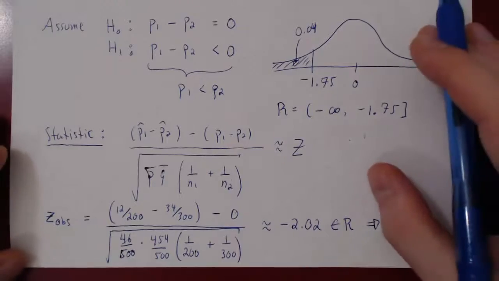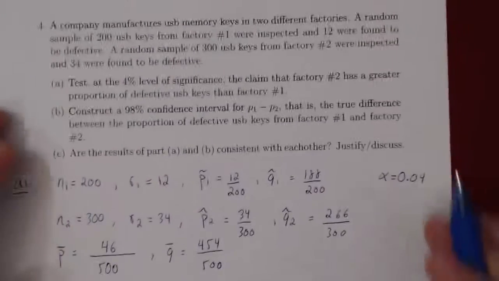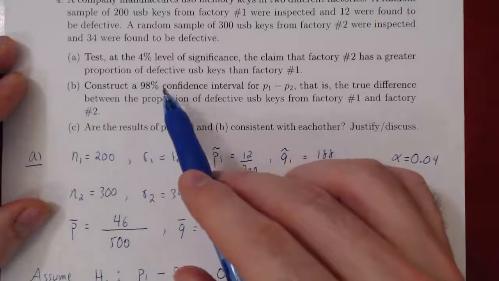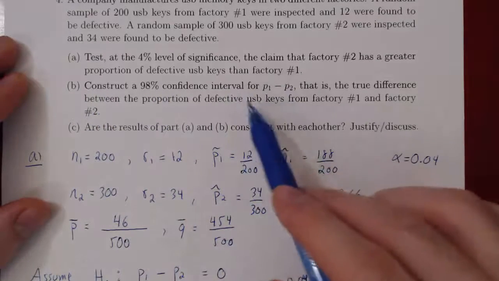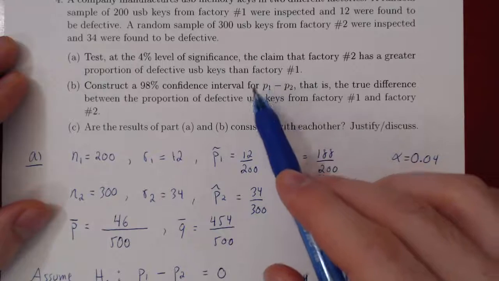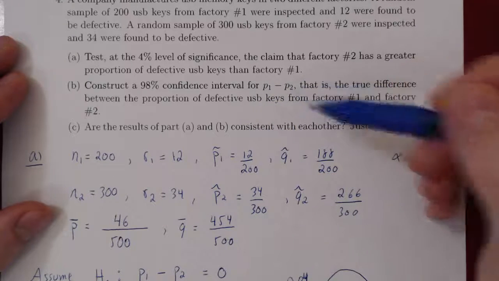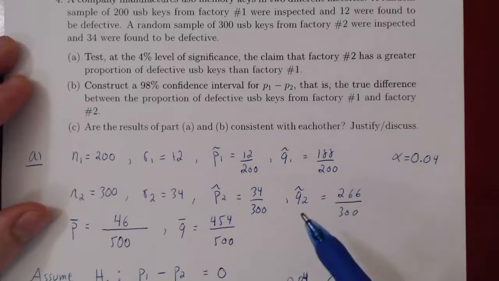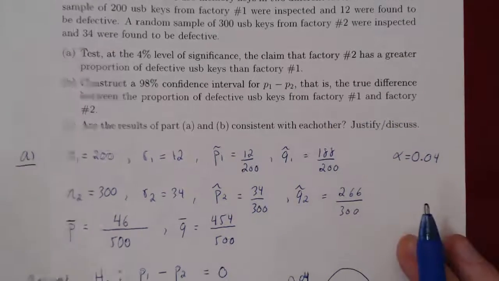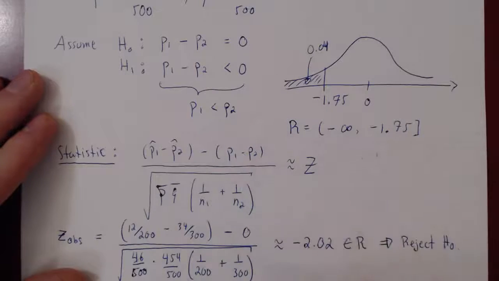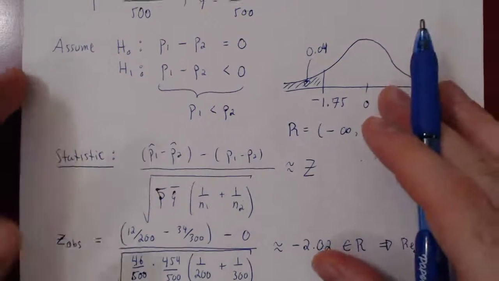Let us now consider part B. Well, what is part B? We want to construct a 98% confidence interval for the true difference between the proportion of population 1, so factory 1, and the proportion of factory 2. And now we will, of course, use the other statistic for the difference of two proportions.